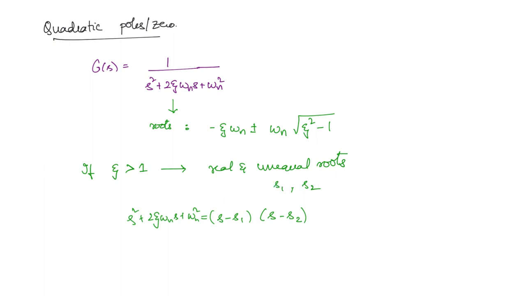But if that is not the case, zeta is not greater than 1, but it is less than 1 or equal to 1, then what is going to happen? You cannot represent it as S minus S1 into S minus S2. That means you cannot write it in terms of two simple poles.